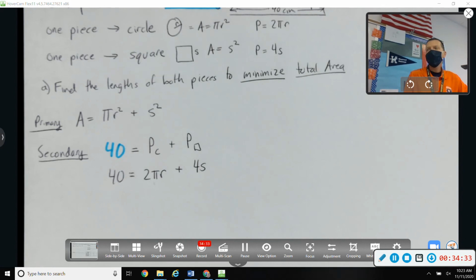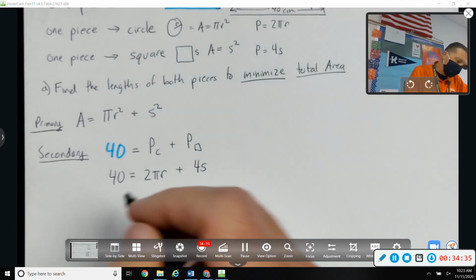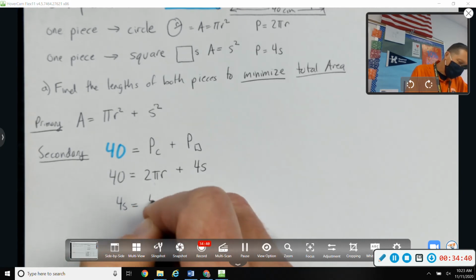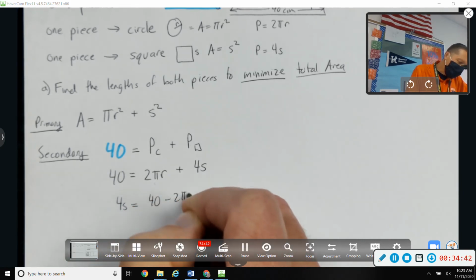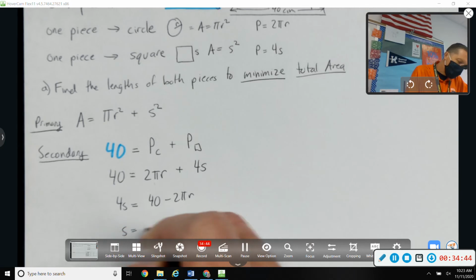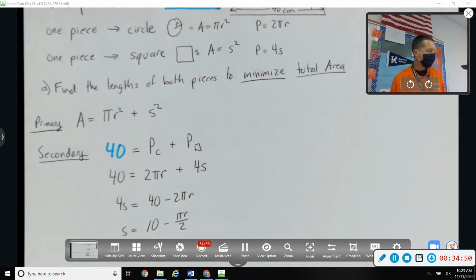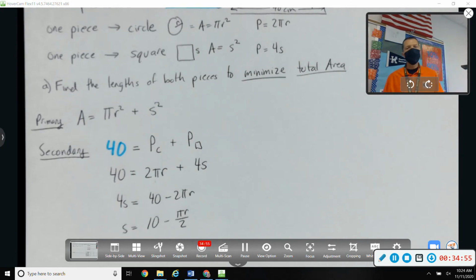We can't get rid of the pi, but let's solve for s. So 4s equals 40 minus 2 pi r. We divide by 4, we get 10 minus pi r over 2. Not great, but I think better than the other way around.